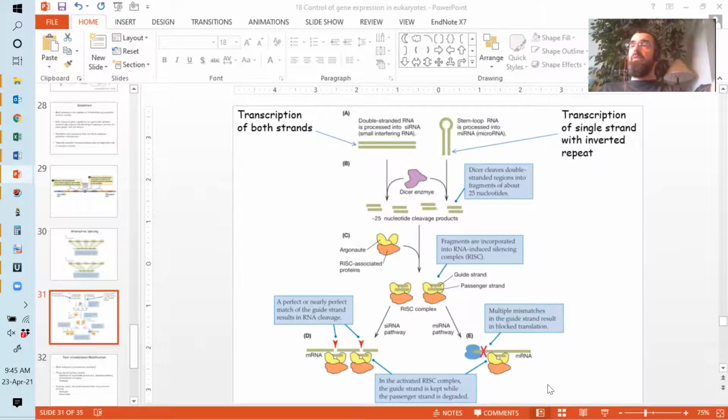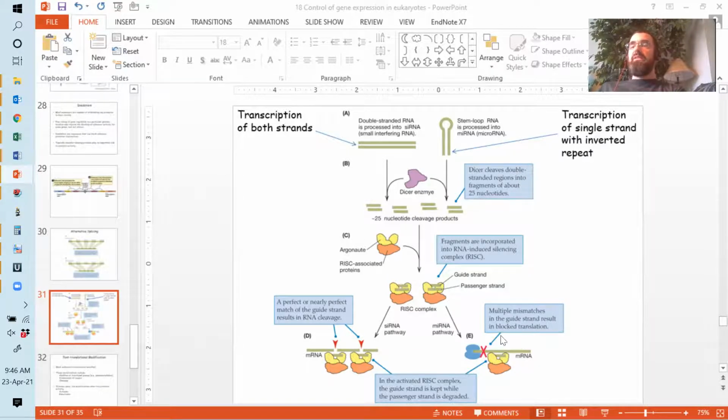If that match isn't perfect, now what the RISC complex does is it kind of goes along and goes, nah, that'll do. Not great, but it'll do. It kind of binds to that. And now what it does is it prevents that RNA from bending round, and prevents the 3' poly A binding proteins here from being able to activate translation.